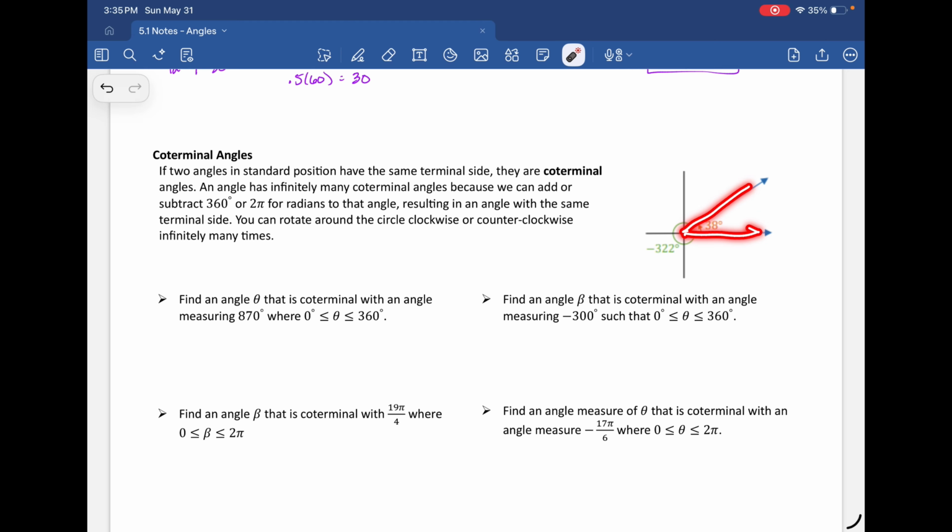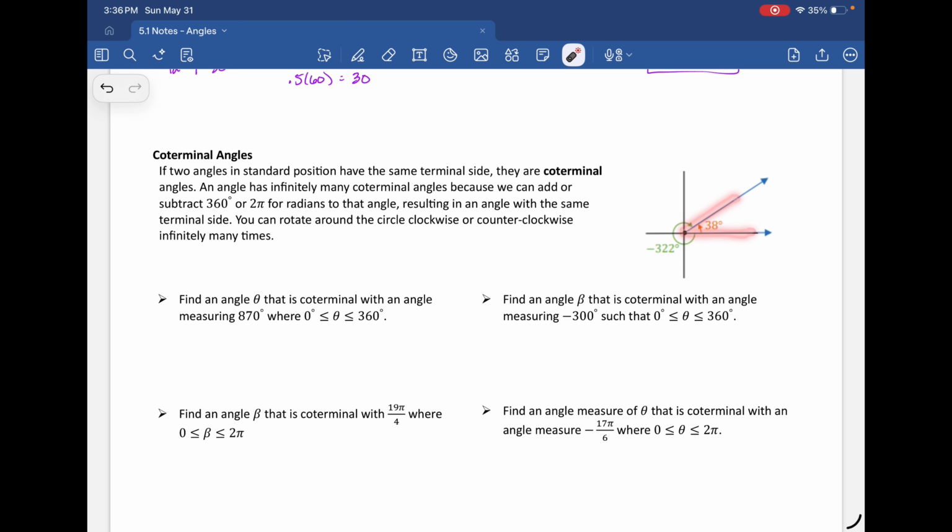What if I rotate more than once? The initial drawing is still the same. Initial side, terminal side, but the angle measure is different. So if the terminal and the initial side are the same, but your angle measures are different, they're considered coterminal angles.